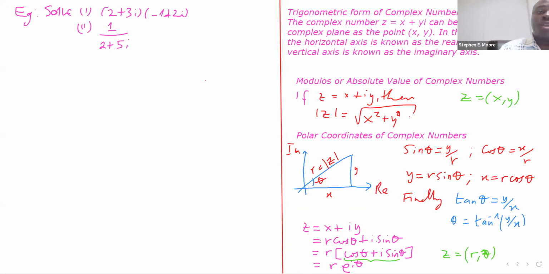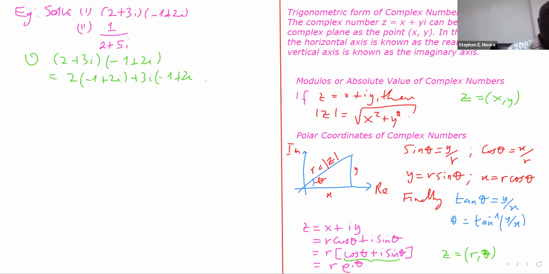So if we take the first one, we have 2 plus 3i, then minus 1 plus 2i. So what we do, we take 2 times minus 1 plus 2i, plus 3i into brackets, minus 1 plus 2i. We have minus 2 plus 4i, minus 3i plus 6i squared.